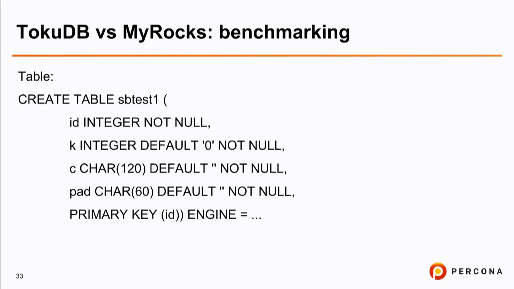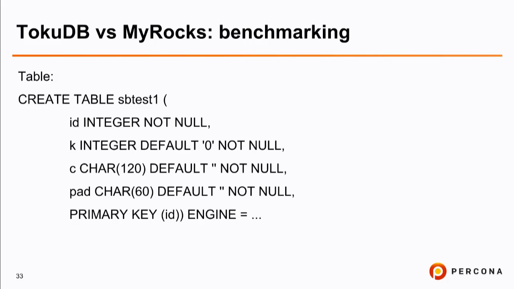So benchmarking, we decided to use sysbench because it's quite lightweight and it has great ability to write tests in Lua and to fix the current tests. And we used this ability. For this benchmark, we used the usual table from sysbench.